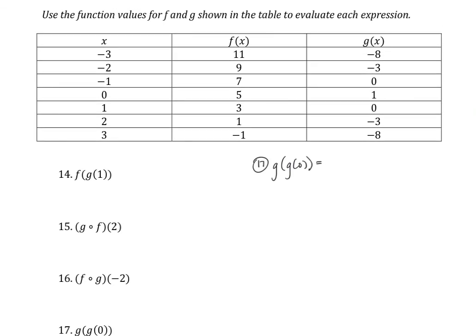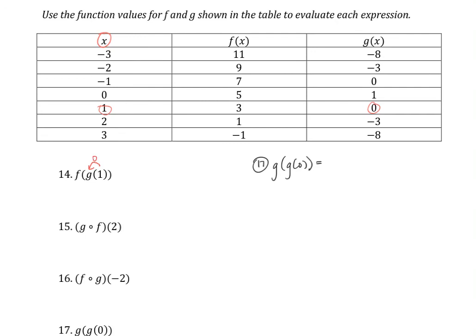So here we're going to do the same thing. First thing we want to do is note that we want to find G of 1. So 1 is the x value. So you're going to go to the x column, right, and find the 1. And then you want G of 1, so we're going to go over to the G column, and we see that that is 0.